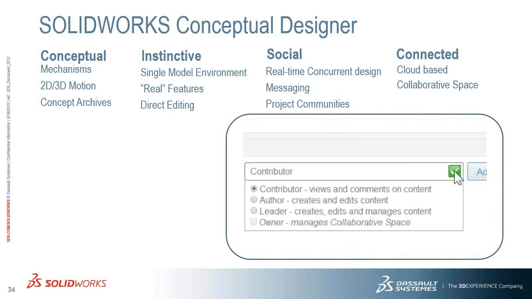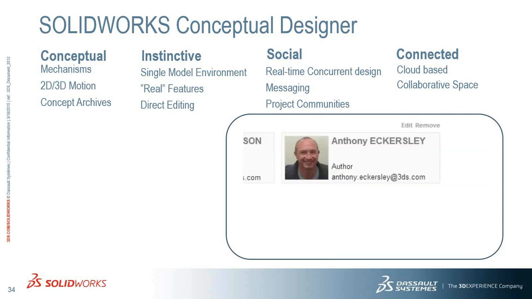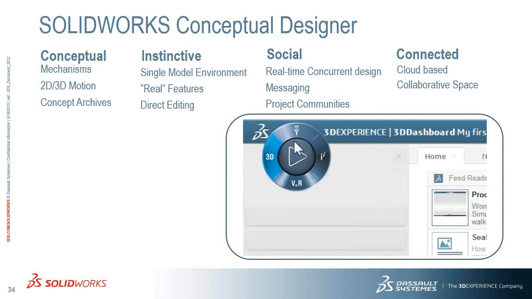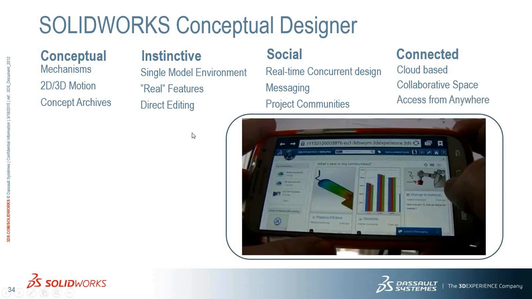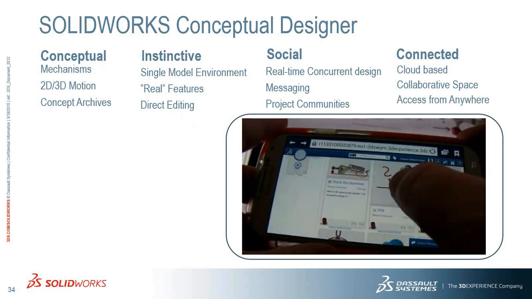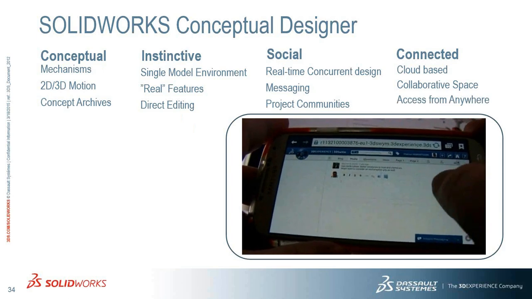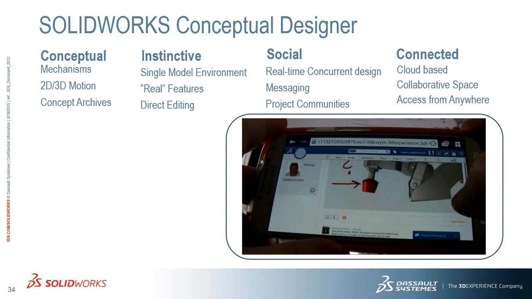Those spaces, you can invite people to contribute or to edit content. You add members to the spaces, so only those people can save data to your space. Okay? And then we mentioned this, the access from anywhere. Here's a video of getting into a swim community on a Samsung Galaxy phone. It really is access from anywhere.